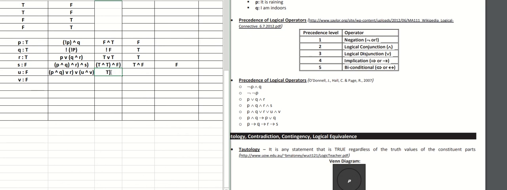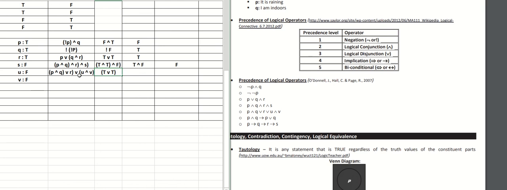Now we copy the OR R. We copy the operator OR and the value of R, which is true.